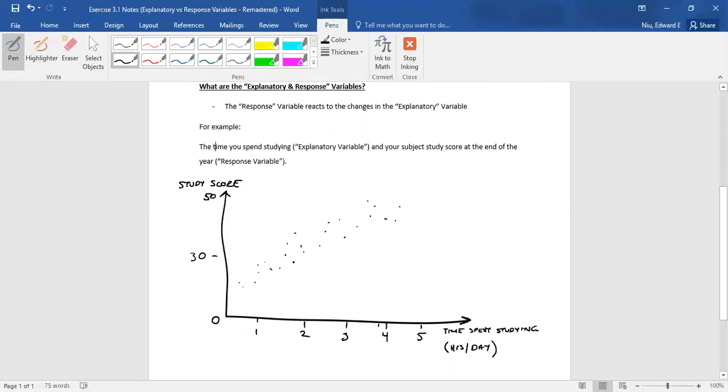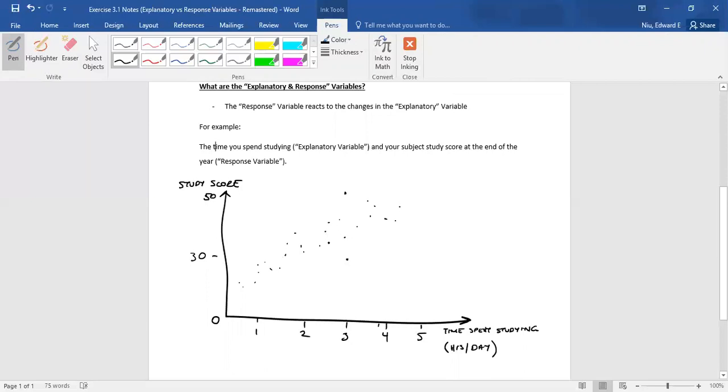But remember, each one of these dots would represent a person in this scenario, where a person might have studied 3 hours a day and gotten a 34 study score, whereas another person might also study 3 hours a day and get a 27 study score, or they might even get a 50. So this is why we have this dotted spread.